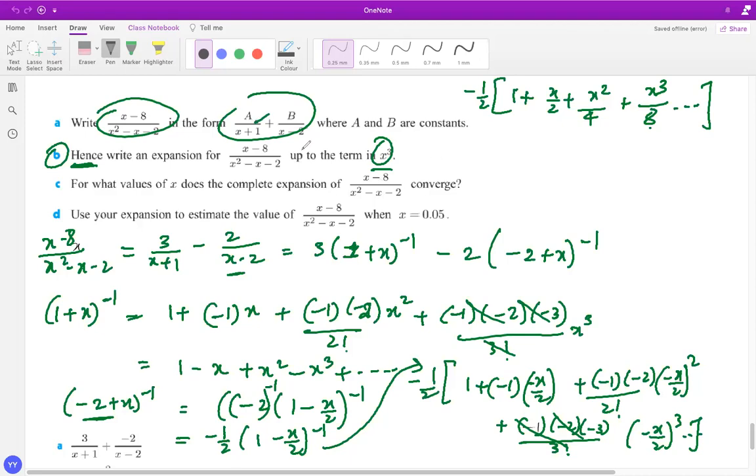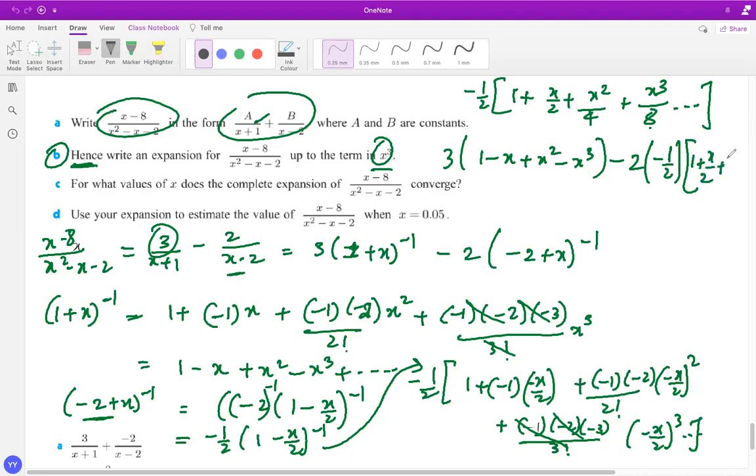So the first bracket that I got was 3 times this expansion, which is 1 minus x plus x squared minus x cubed, and plus negative 2 times negative half out here, and then this entire bracket: 1 plus x over 2 plus x squared over 4 plus x cubed over 8.